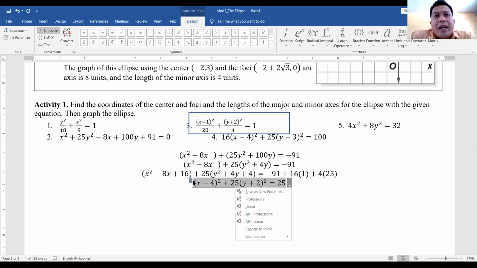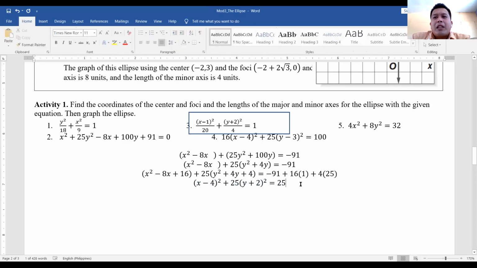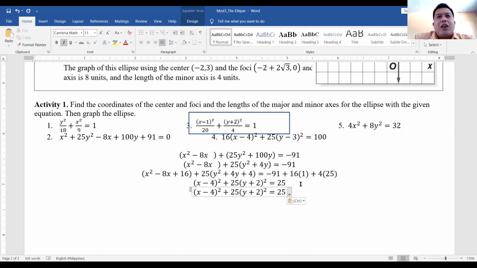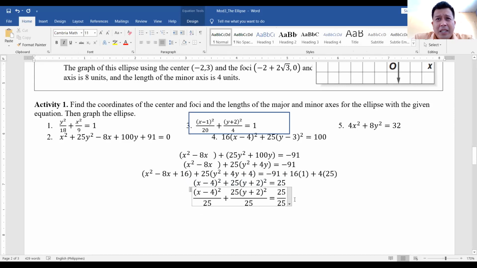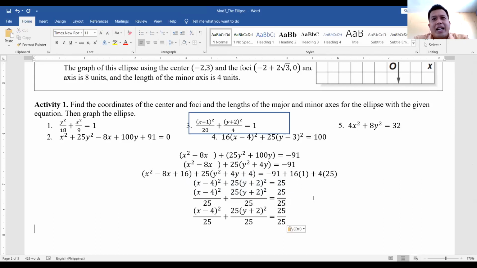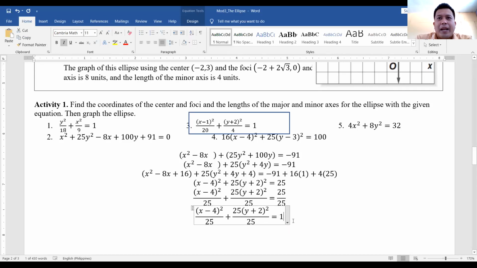We are going to divide all of the terms in our expression by 25. So this simplifying happens because we want the right side to be equal to 1, as 25 divided by 25 is equal to 1.